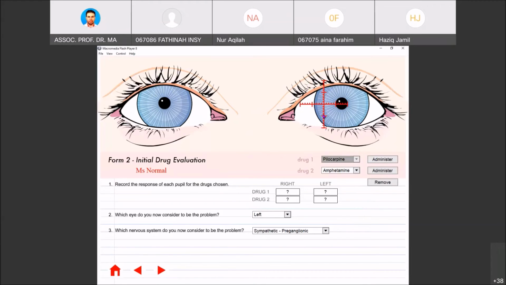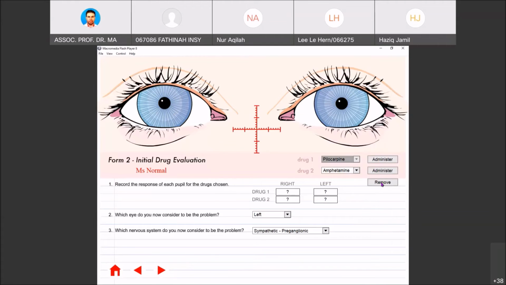How many units? Here we can see on the left side, 5 units. And for the right eye of the patient? 5 also. So it is symmetrical pupillary constriction.